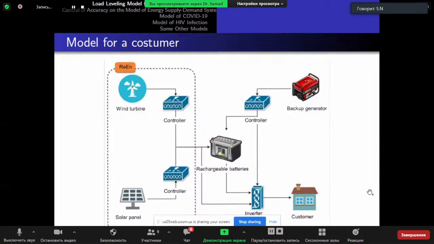So we should save part of this energy in rechargeable batteries. And here is a challenging problem because the load level of the batteries can change, and we need to forecast it during, for example, a special period of time.